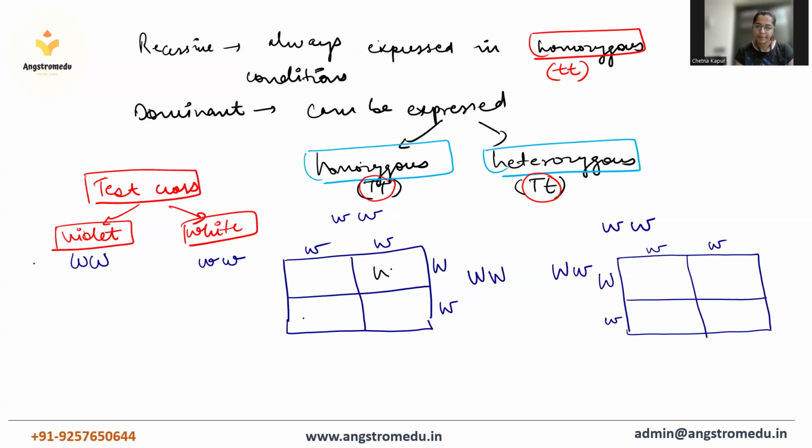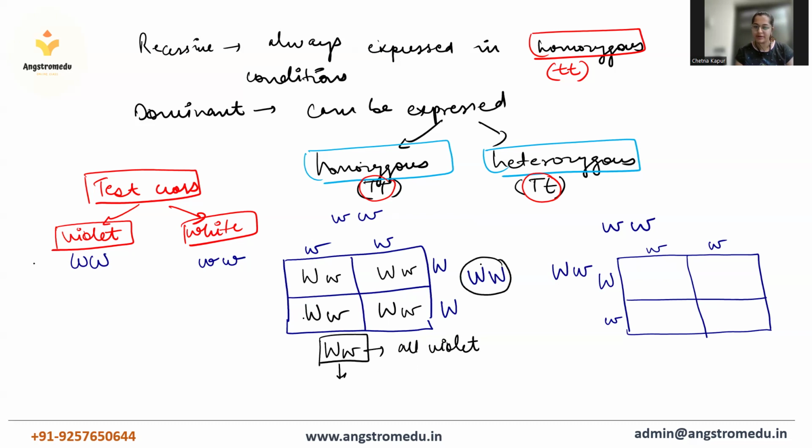In this, we obtain capital W small w, capital W small w, capital W small w, capital W small w. Can you see, we have capital and small? That means all the violet flowers are obtained. All violet are there. That means this parent, with the dominant trait, is in the homozygous condition.